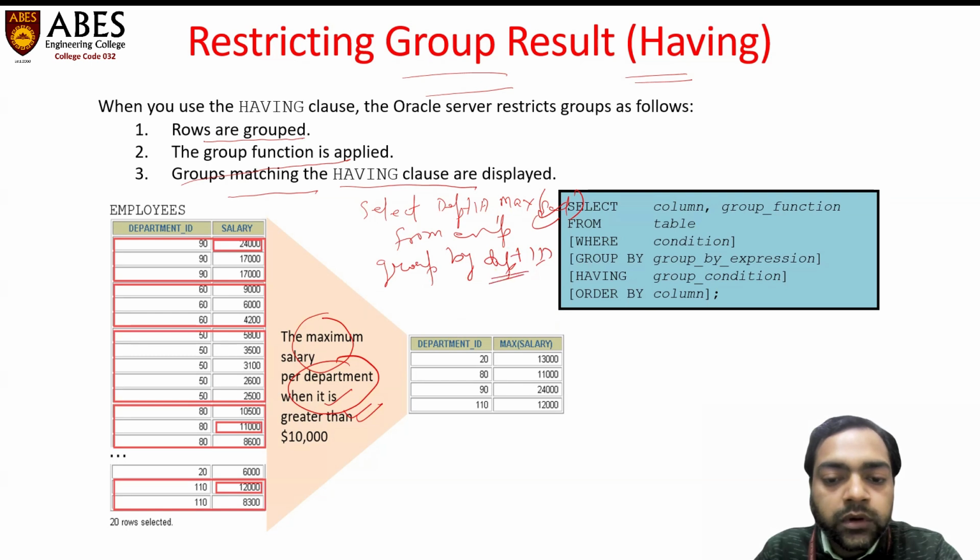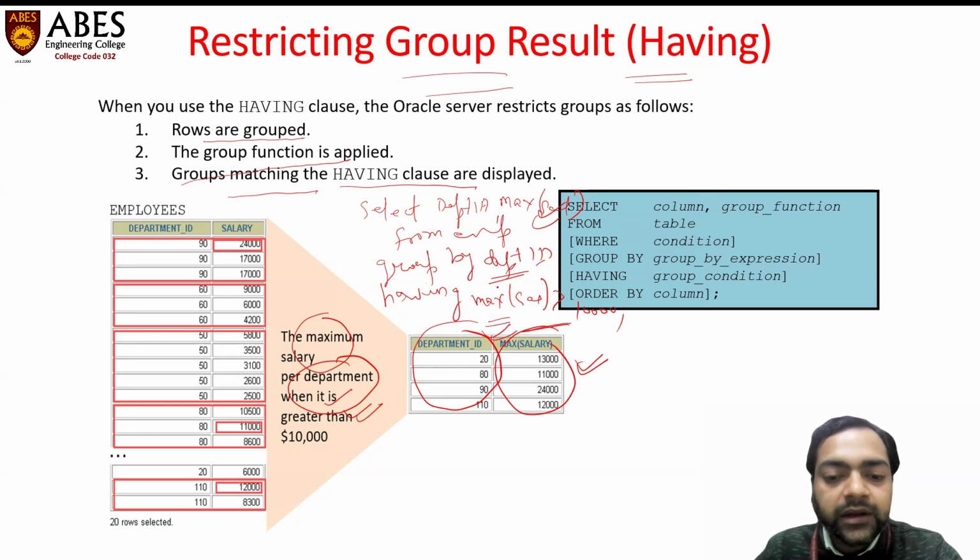Now after that we will use the having clause, and the having clause will state that the maximum salary must be greater than 10,000. So it will return only those departments whose maximum salary is greater than 10,000. It will not display those departments whose salary is less than 10,000, right?